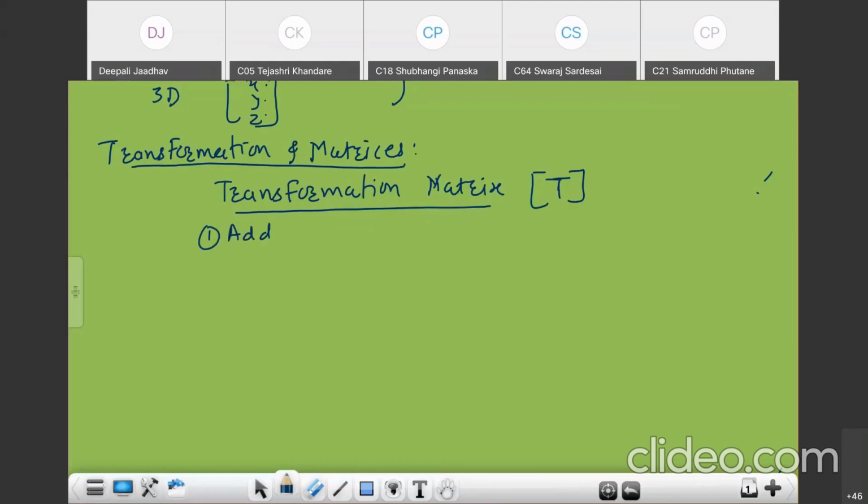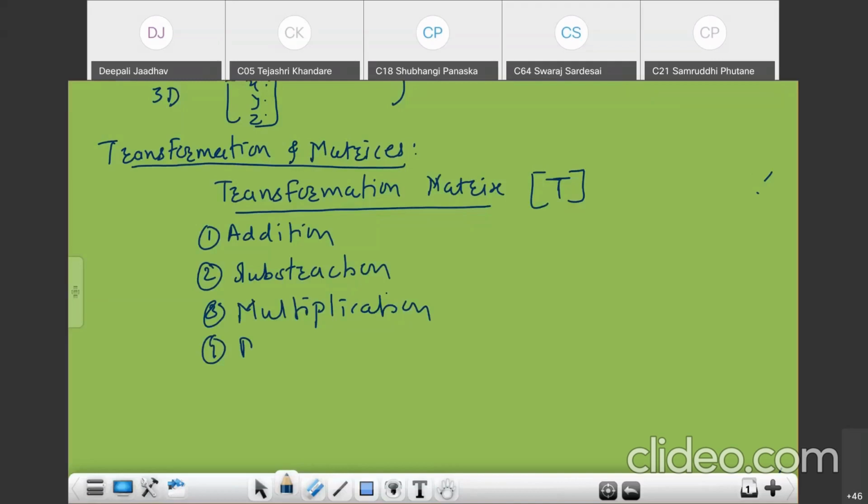It is possible to perform addition, subtraction, multiplication. Multiplication is required everywhere. Also, we can calculate the determinant of a matrix.